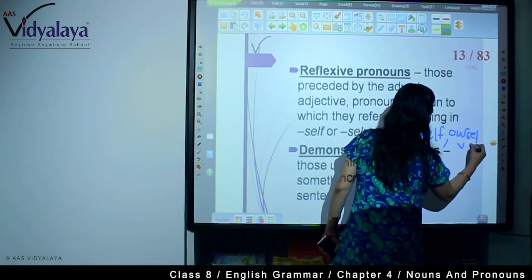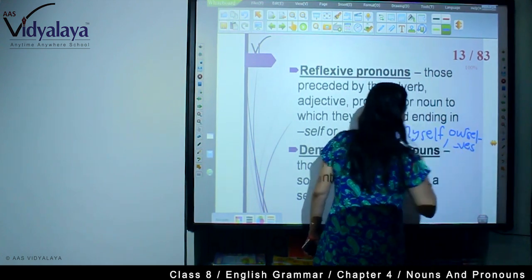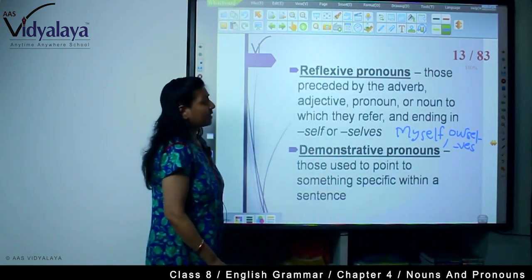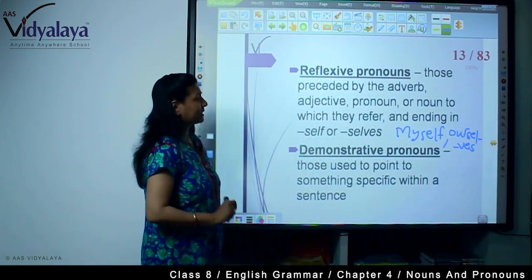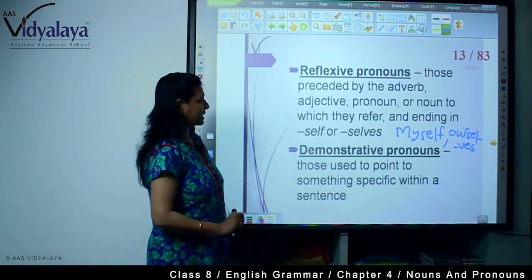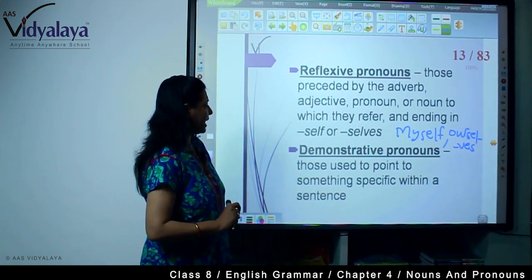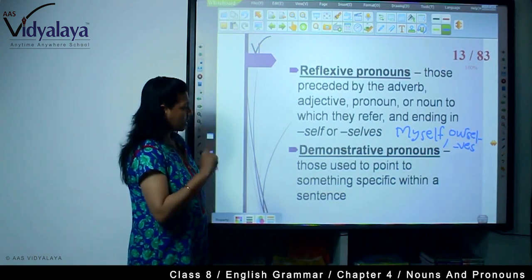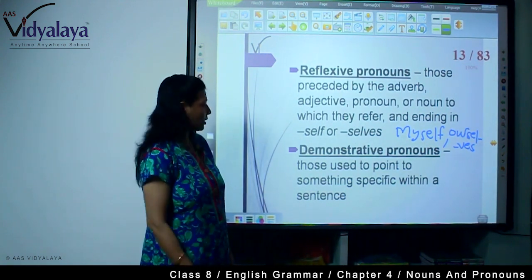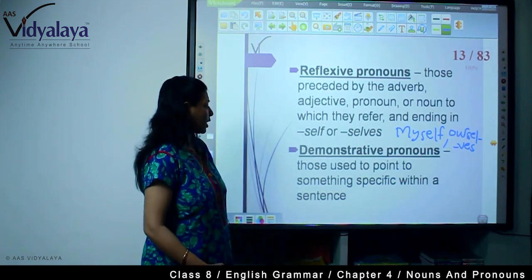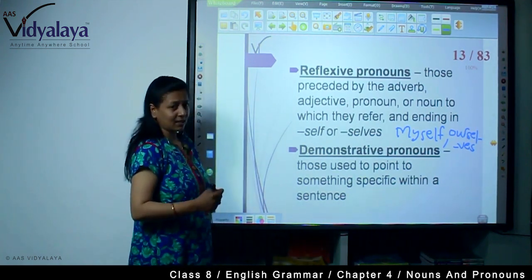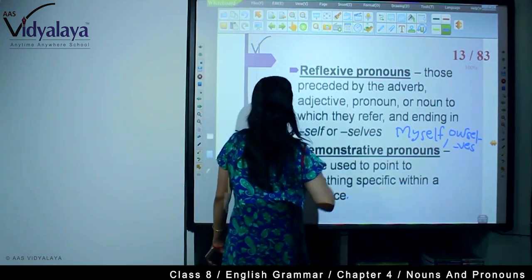Then demonstrative pronouns: those used to point to something specific within a sentence.